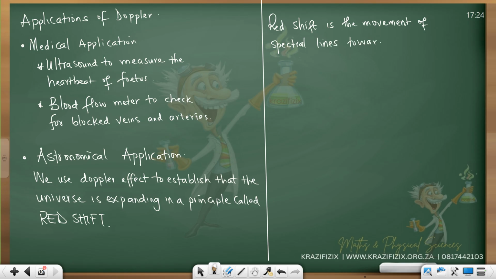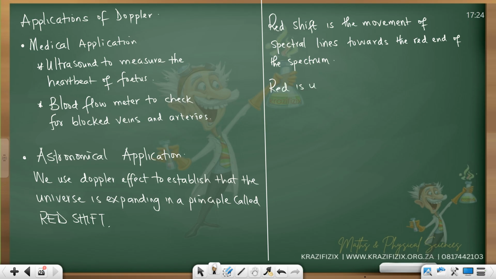Towards the red end of the spectrum. Now, I actually did explain this from the beginning. When I was drawing those curves, I was actually explaining redshift. But why red? That's the question.